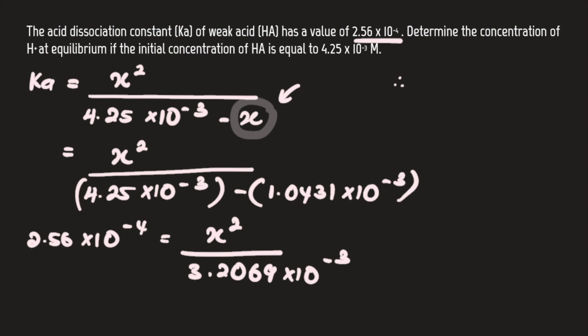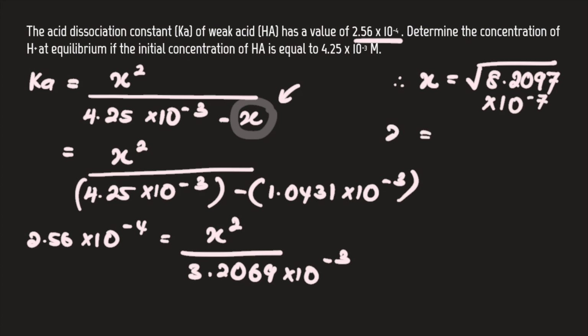So therefore, you will get your x is equivalent to the square root of 8.2097 times 10 to the power of negative 7. So you will get your x should be equivalent to 9.0607 times 10 to the power of negative 4.